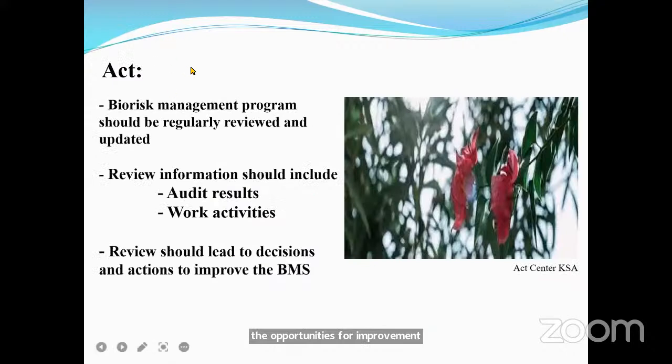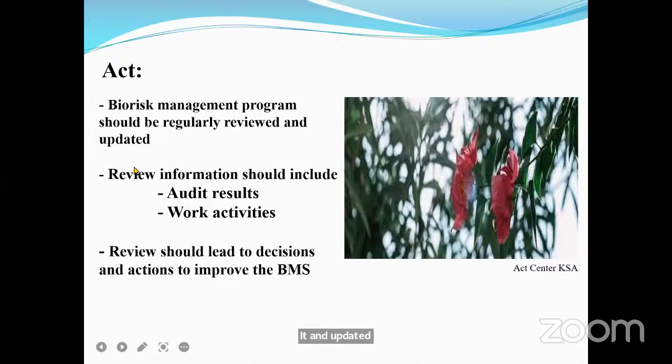We come to the last stage. This is the stage we call act, the start-and-end stage. The biorisk management program should be regularly reviewed and updated.